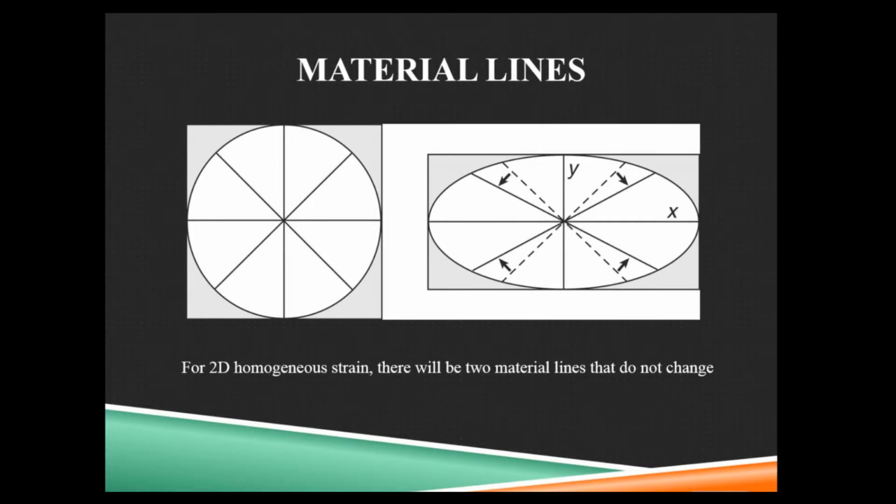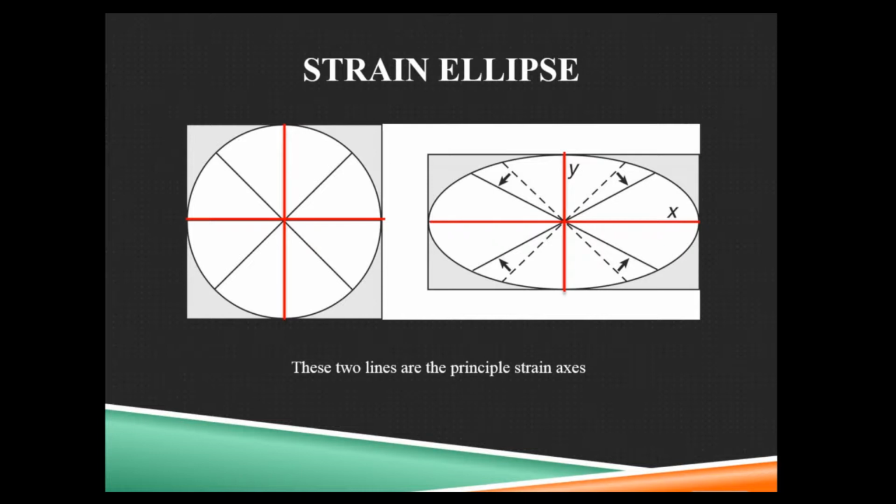So they kept their orientation relative to each other. This is really important. These are the principal strain axes. These tell us where the most deformation has happened.